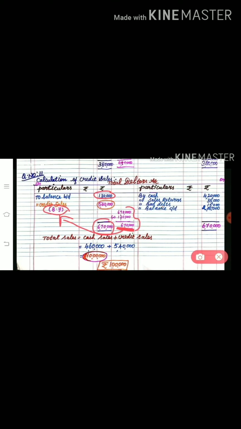Cash sales plus credit sales. Cash sales given in the question 4,60,000. Credit sales, which you have found, 5,40,000. So 4,60,000 plus 5,40,000, totally 10 lakhs. This value is known as total sales.